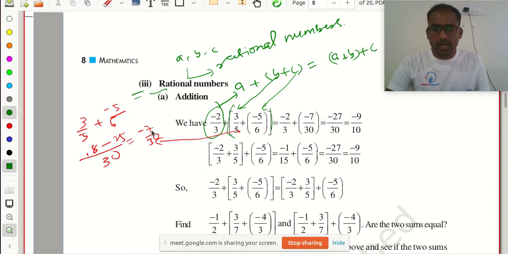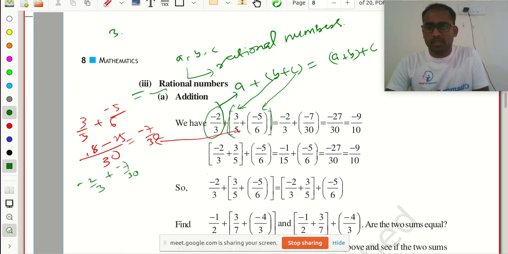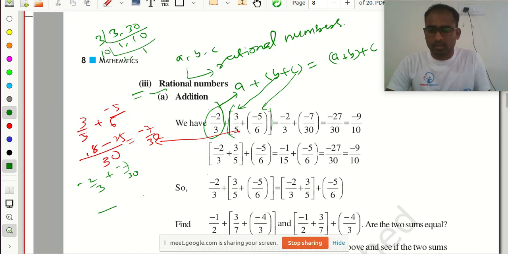Then I need to add this minus 7 by 30 with minus 2 by 3. So minus 2 by 3 plus minus 7 by 30. Okay, minus 2 by 3 and minus 7 by 30. Next I need to take what? The LCM of 3 and 30. So 3 goes into 30 ten times, so 10 times minus 2 is minus 20.